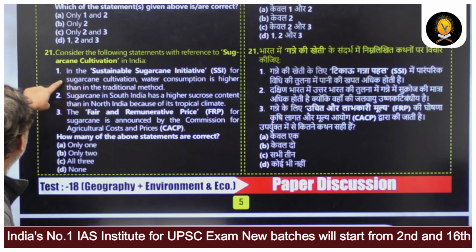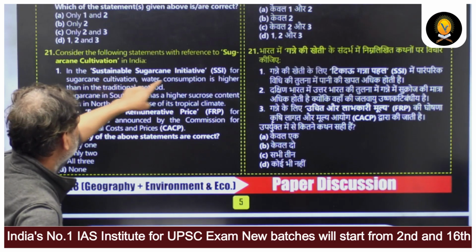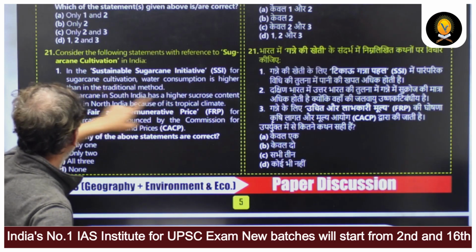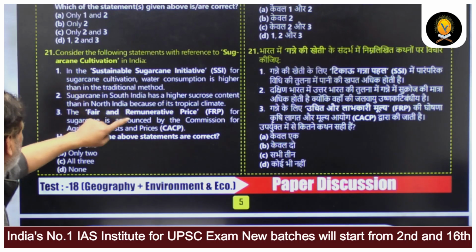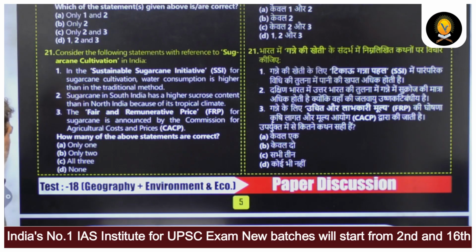This is wrong because in sustainable sugarcane initiative, water consumption is higher than in the traditional method. Wrong. Sugarcane in South India, it is correct. The fair and remunerative price for sugarcane is announced by the Commission for Agricultural Costs and Prices, but the state government also plays a role in this.